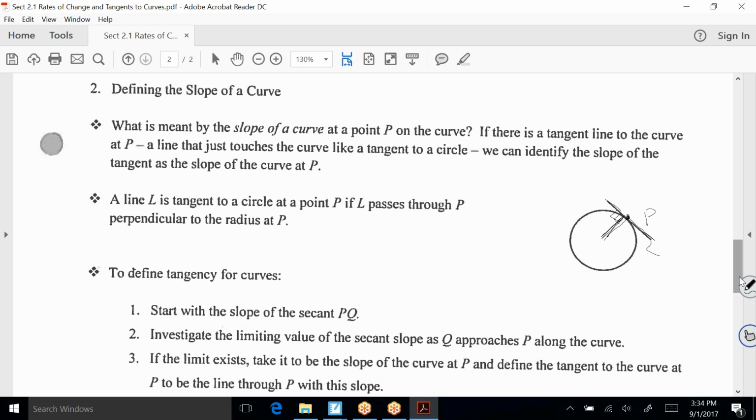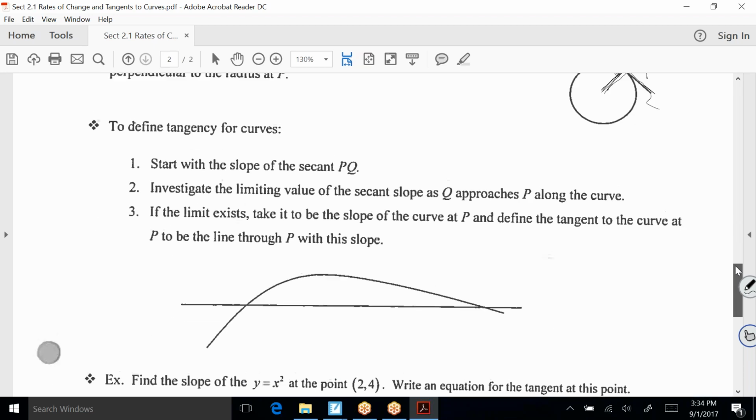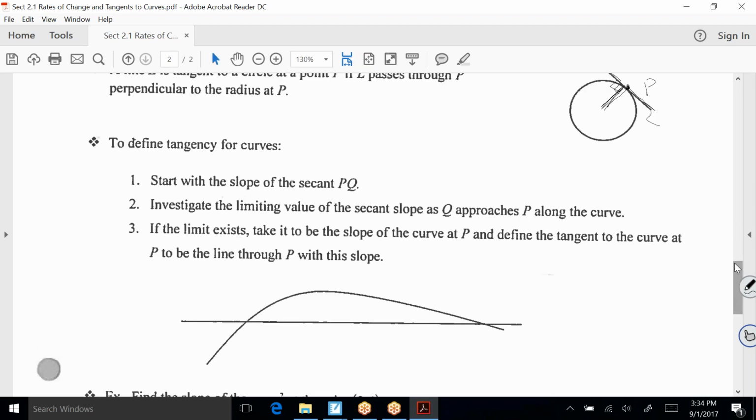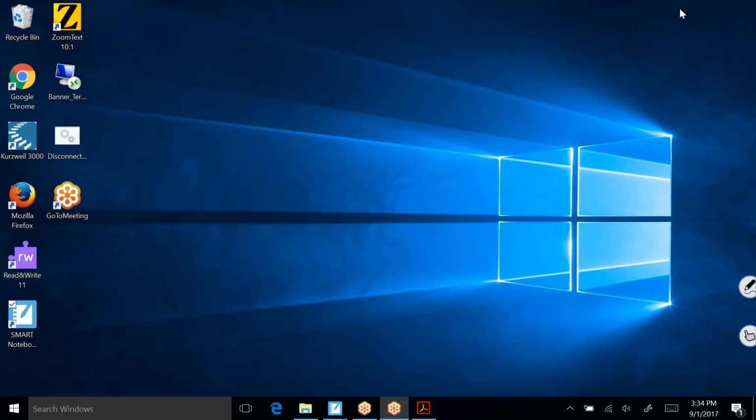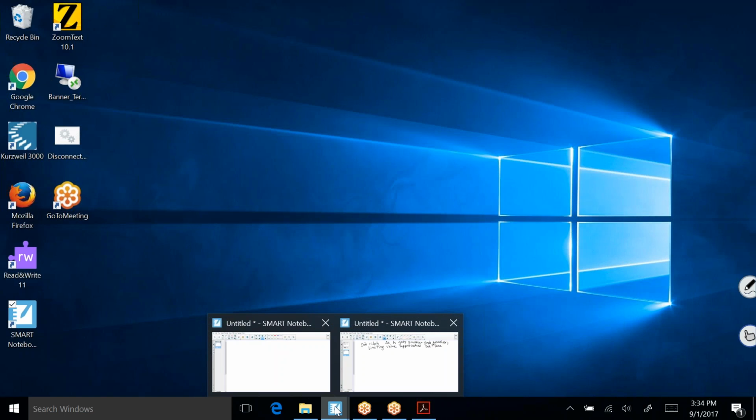So to define tangency for curves, we're going to start with the slope of the secant PQ, and then we're going to look at the limiting value of the secant slope as Q approaches P along that curve. So I'm going to draw that on this other screen here.